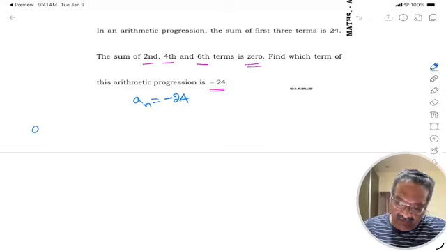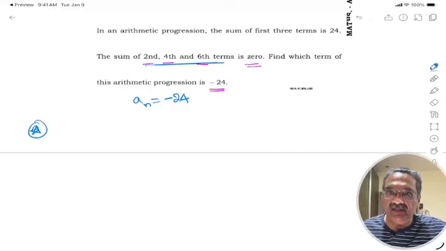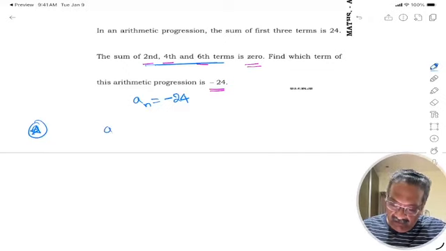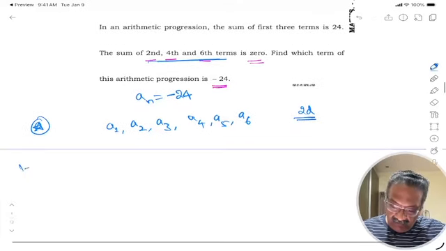There are 6 terms. Since there are an even number of terms, I will take A1, A2, A3, A4, A5, A6 with the common difference as 2D.